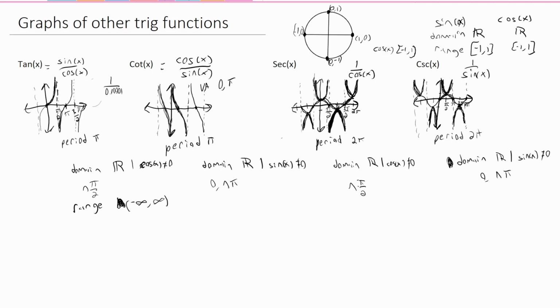So if we look at tangent and cotangent, we smoothly go through all the points. For secant and cosecant, though, we actually do have a slightly different range restriction, because although we do go to -infinity and positive infinity, just like tangent and cotangent, we can never get to a value of 0, because 1 divided by something can never be 0.